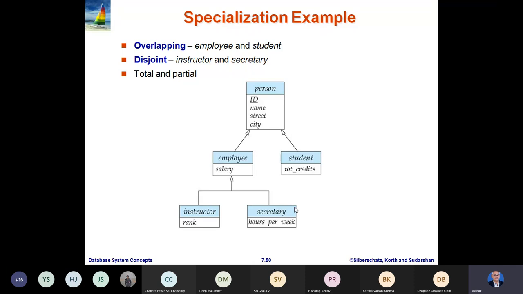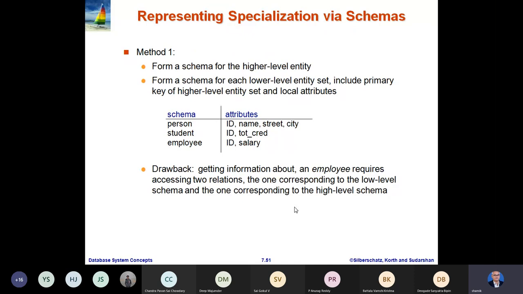That is when they are overlapping, and when they are disjoint, that means, for example, instructor and secretary, both of whom are employees, but an instructor would never be a secretary, or a secretary would never be an instructor. So that is what we have seen in terms of modeling. Now we'll see how such specialization can be converted or translated into schemas, which we have not yet seen.